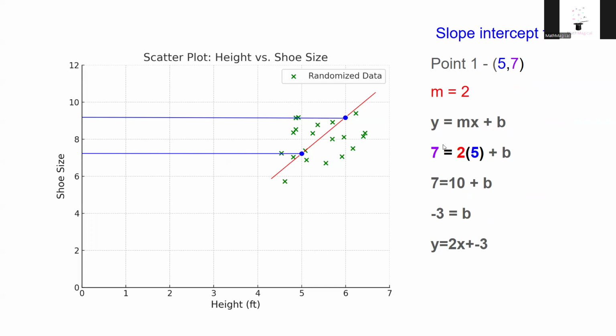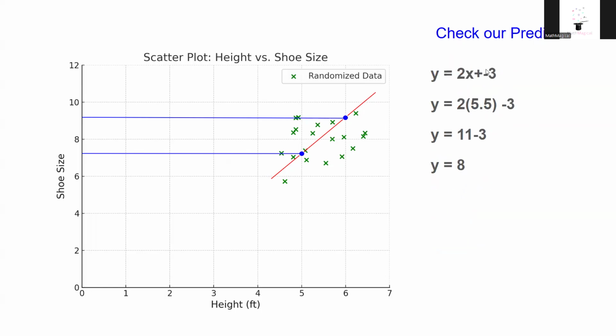We'll put our 7 in for our y, our 2 in for the slope, and our 5 in for the x. We get 7 equals 10 plus b. Subtract the 10 over, and we get -3 equals b. So now that we know our slope is 2 and our b is -3, we can go back to the original equation and get y equals 2x plus -3.